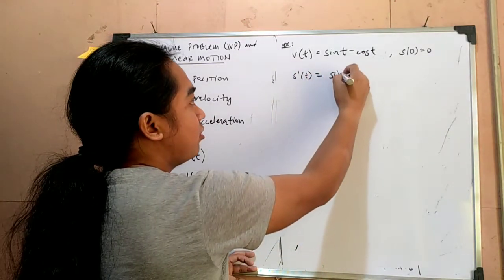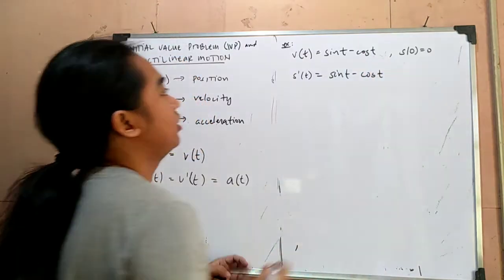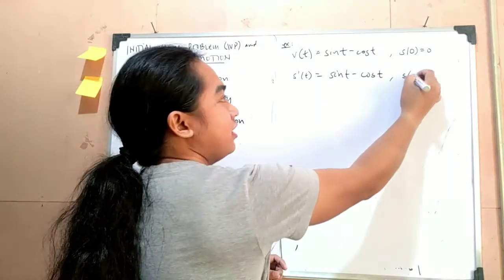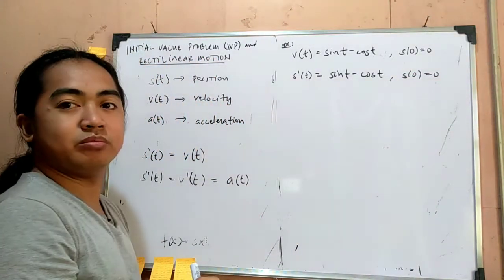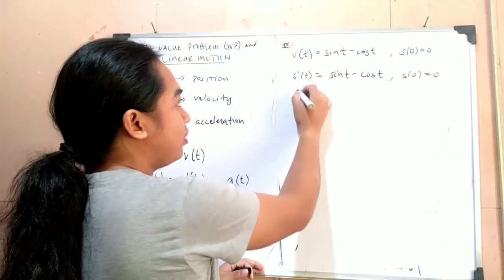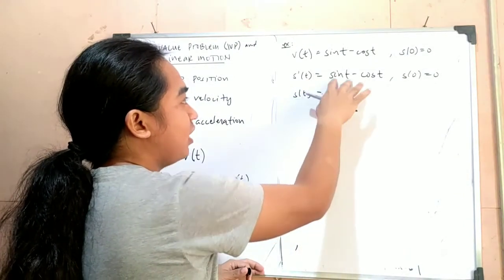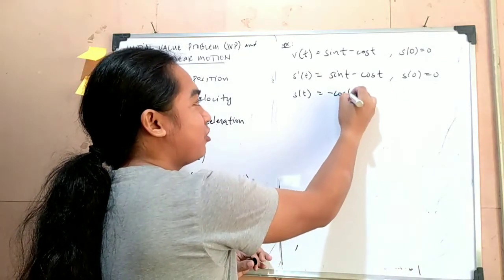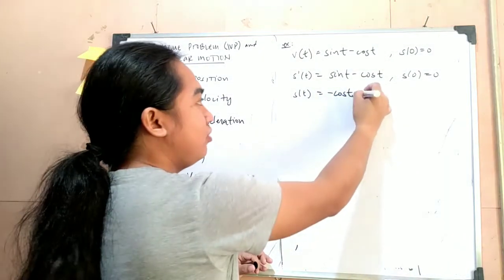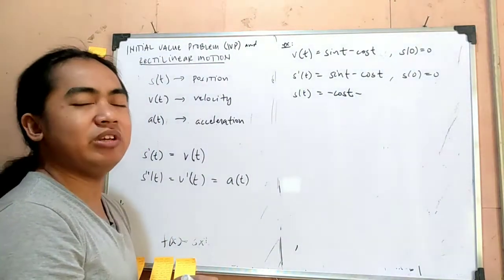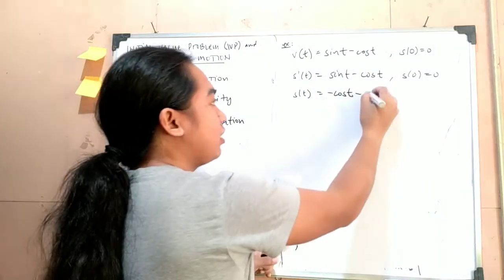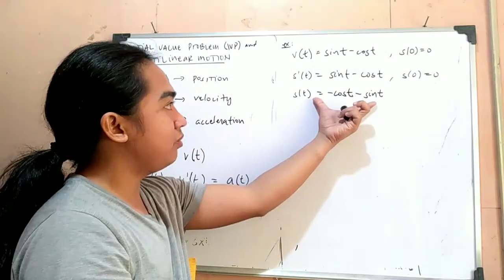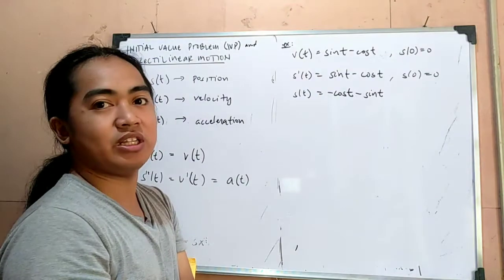So, hinahanap lang natin kung saan nanggaling or what's the antiderivative of the velocity function. And that will come from s of t will be, ano nga yung may derivative na sine? Huwag nyo kalimutan, that's negative cosine t. And ano yung function na cosine t yung derivative, that will come from sine t. And to double check, i-take nyo yung derivative nito, this should be sine t minus cosine t.